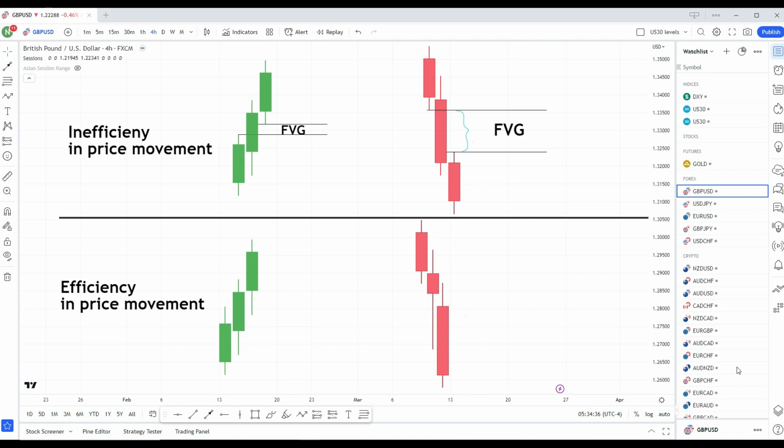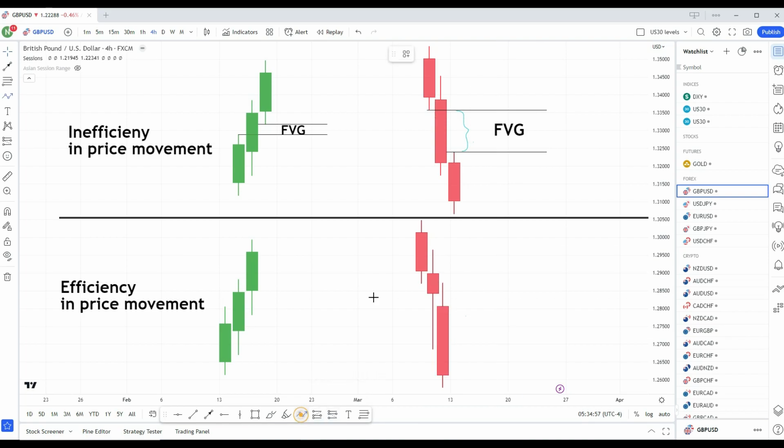So, simply put, fair value gap is an imbalance in price movement. When price leaves a space in between any three candlesticks, that is called imbalance in price movement, and therefore market will come to mitigate that imbalance.